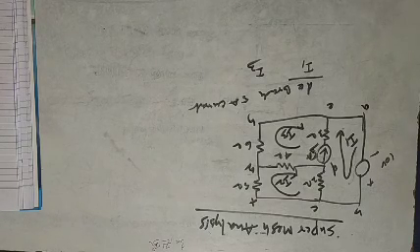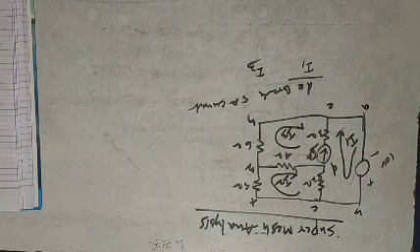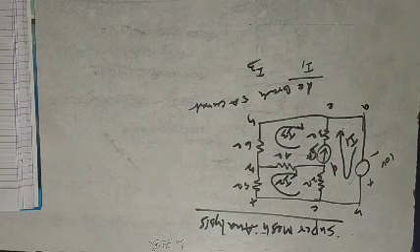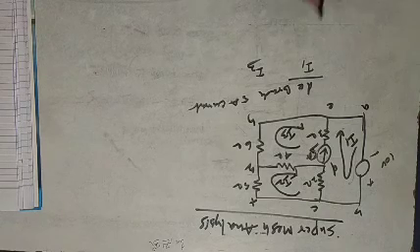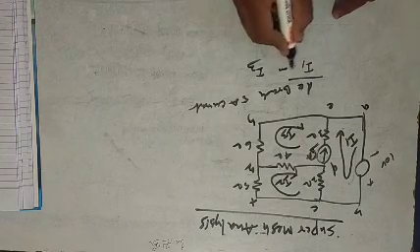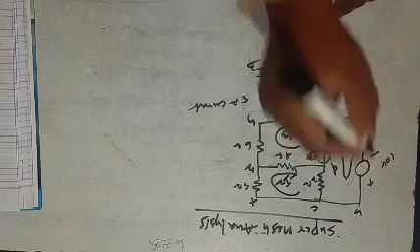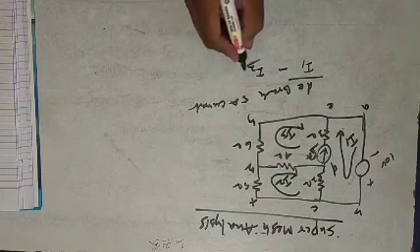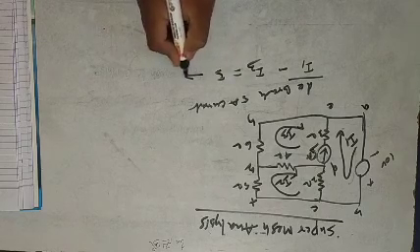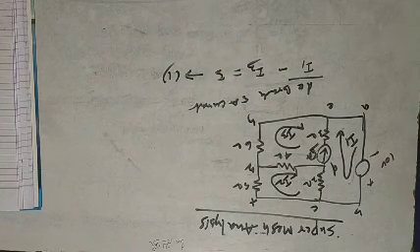I1 is along the independent current, so I1 will be positive, minus I3, which is against the 5 ampere current. So I1 minus I3 is equal to 5.